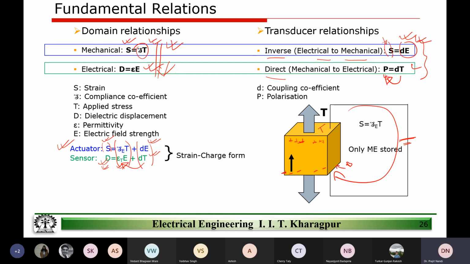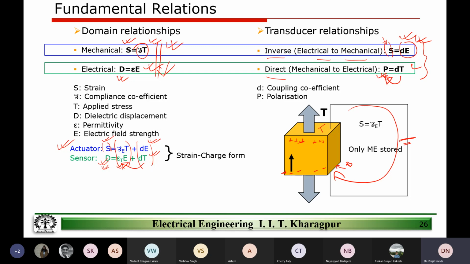And what we also said is that, if you look at these 4 equations, on the left hand side we have 2 electrical components. One is D and the second is P, the polarization, and D and P we are using interchangeably, right?